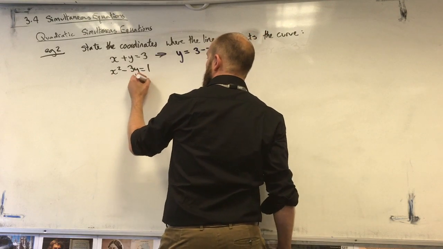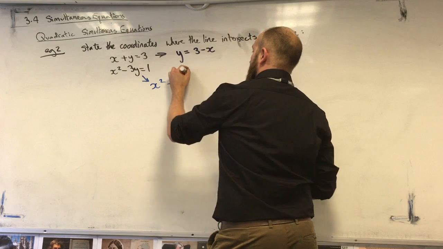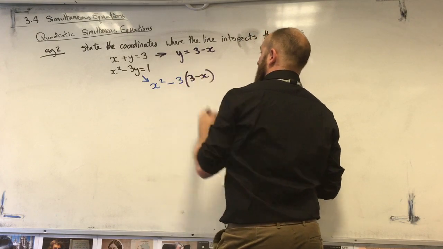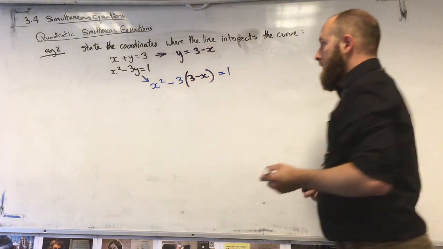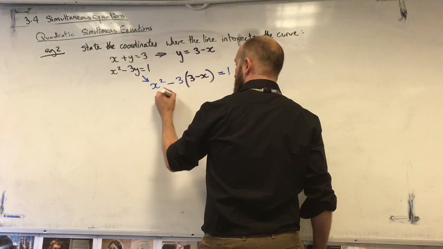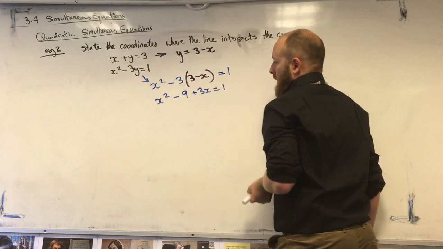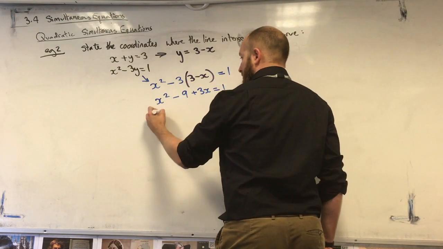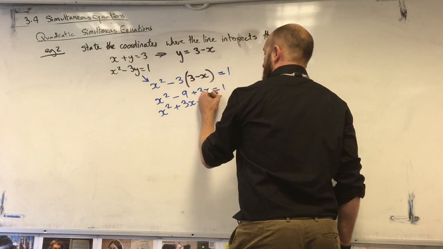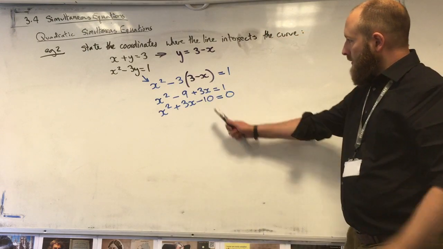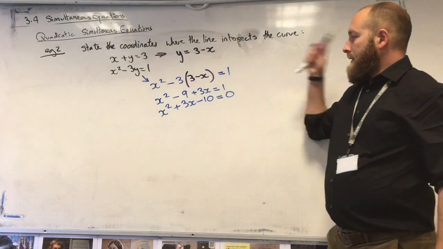And now we're going to substitute that into our quadratic. So x squared minus 3 lots of y equals 1. And we can expand this and rearrange it to get a quadratic. So if we solve this quadratic, it'll tell us the x coordinates where the line intersects the curve.